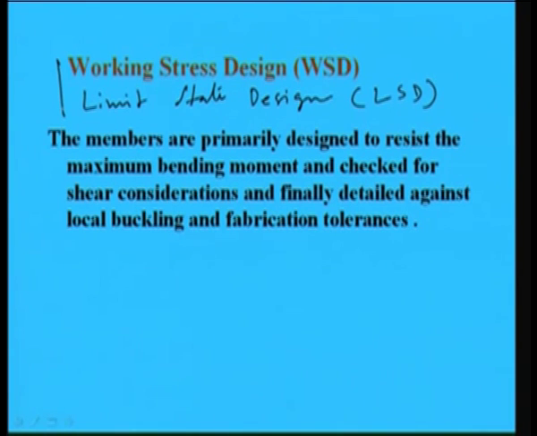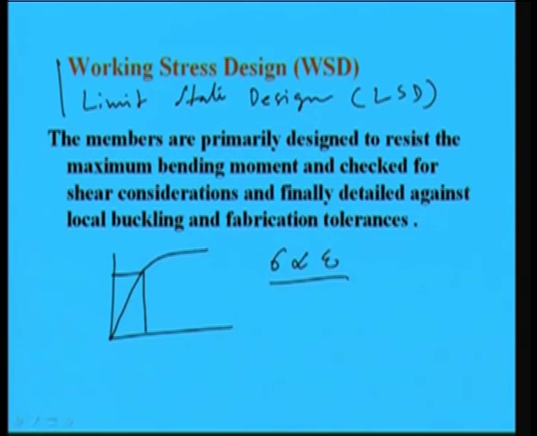However, I am just discussing a little here. In the case of the working stress method, we know that the material obeys Hooke's law. That means the stress-strain relationship of the material obeys Hooke's law, that is, stress varies as strain, right.